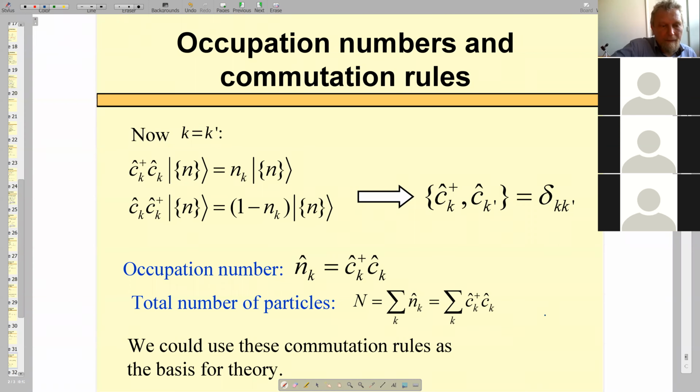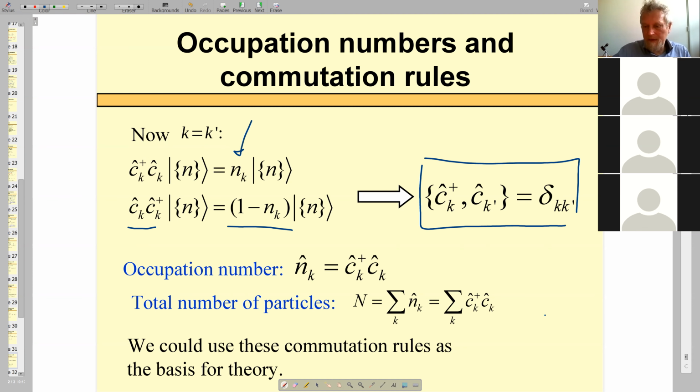Here we are. So for the same k and k prime, we got occupation numbers. It depends on the order of operators, whether we have n or 1 minus n. It means that these operators anti-commute except for the same state, except k equals k prime.